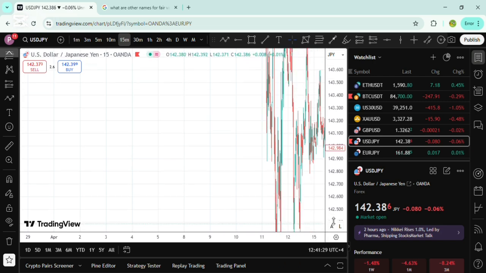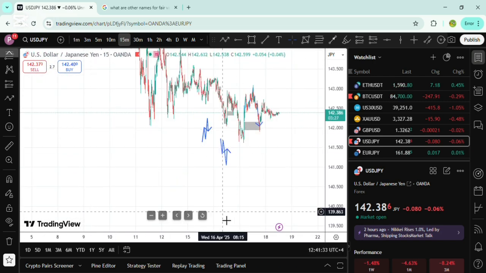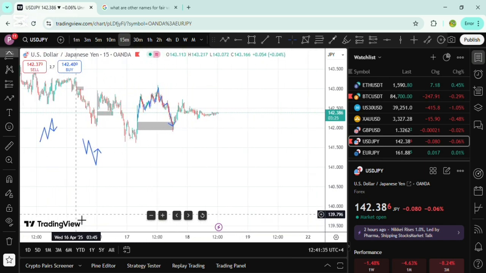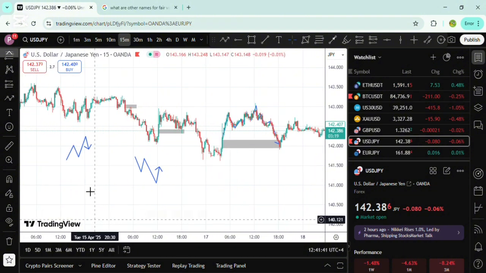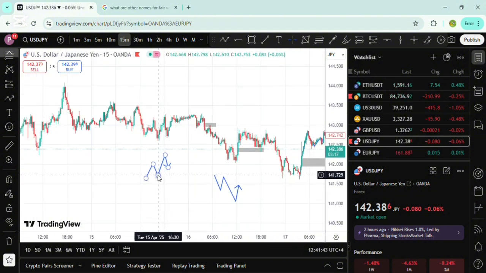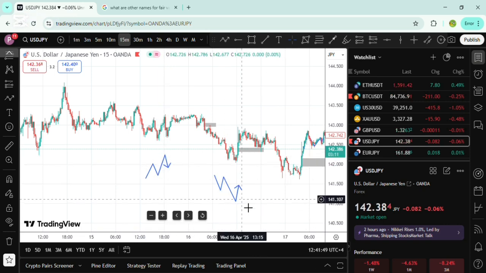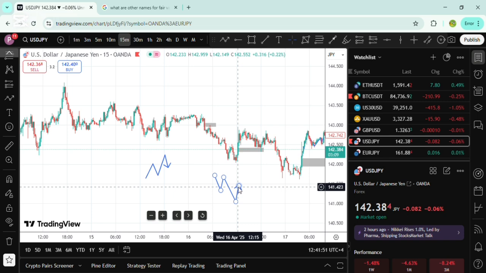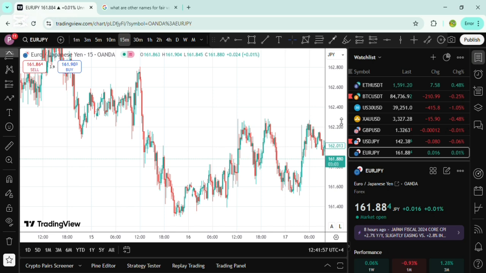Let's check out the chart to see if that is what will happen. See, you see that is what played out. The imbalance came down to be filled. The sell inefficiency went up to be filled. You see it?